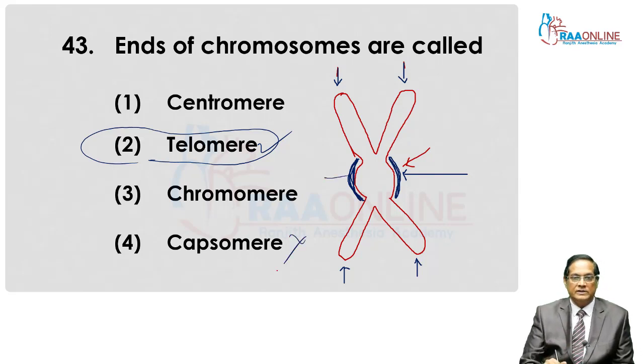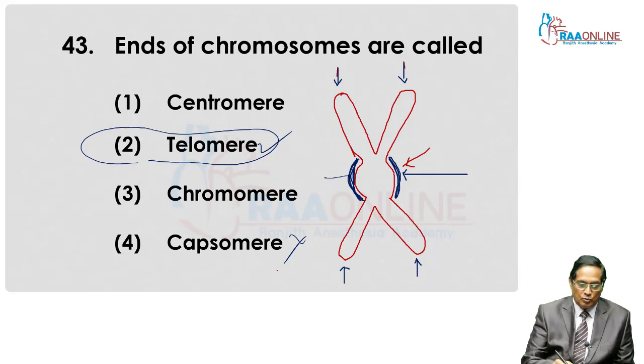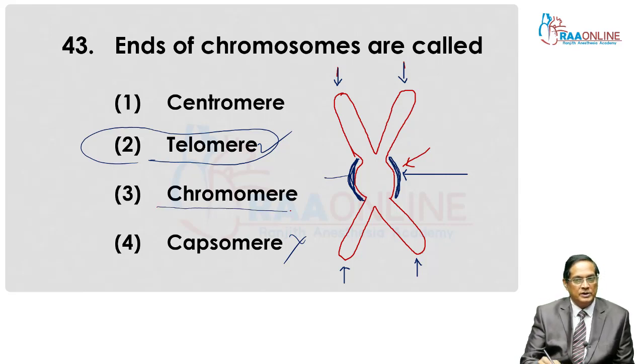Capsomere is related with the viruses. Chromomeres are the units in chromatin, color bearing bodies. So ends of chromosome are called what? Telomere.